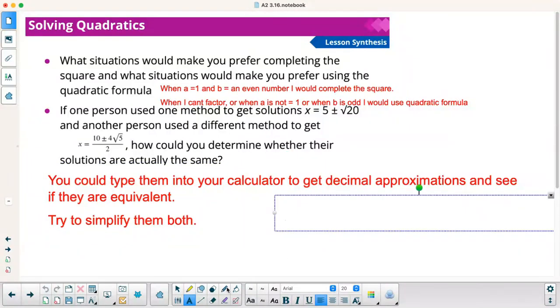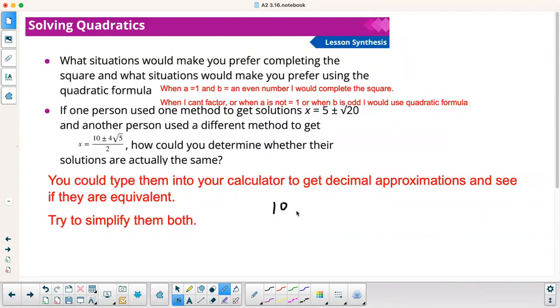If I split up my denominator, this is going to be 5. So far it's looking good. And then I get here, okay? So now I think it's fully reduced because, oops, hold on.